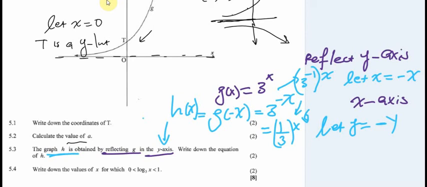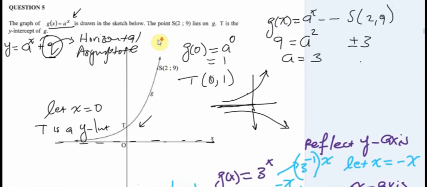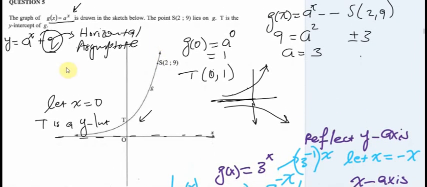So there we go. Now we want to write down the x values for which the inverse of g lies between 0 and 1. So we want the inverse of g. The inverse is simply interchanging x and y. So let me remove some of this.